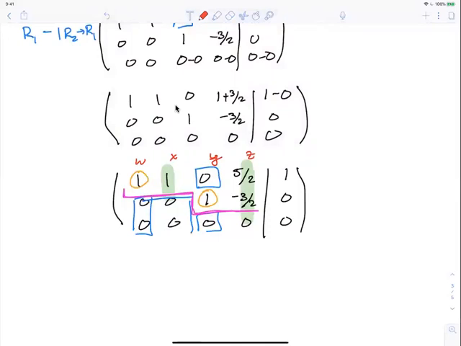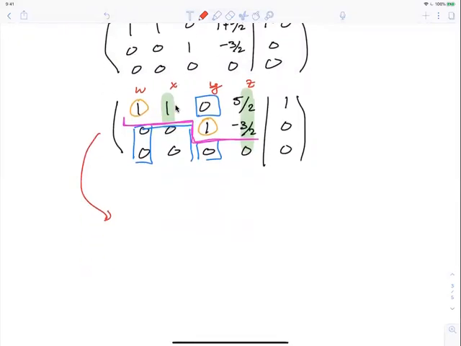All right, so to do that, we're going to translate this back into variables. So the first equation says W plus X plus 5/2 Z is equal to 1. And the second equation, or the second row, says that Y minus 3/2 Z is equal to 0.